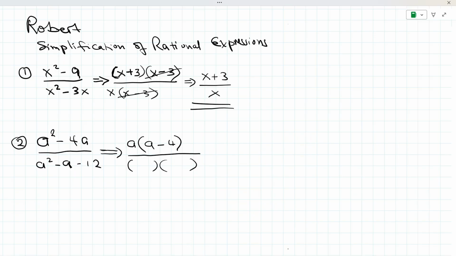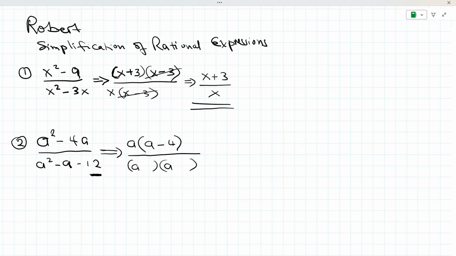Since we have a squared at the beginning, from our previous lessons, we learned that both parentheses must have a's in there. And then here we have 12. So we look for two numbers which, when multiplied together, will give us 12, and then when we add them together, will give us negative 1. That's the coefficient for a here.